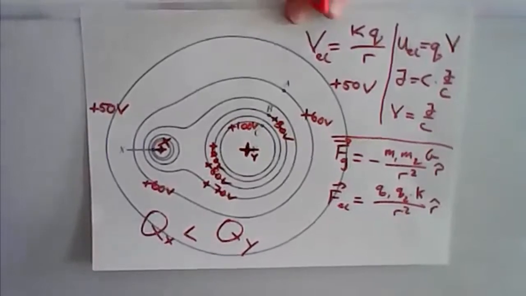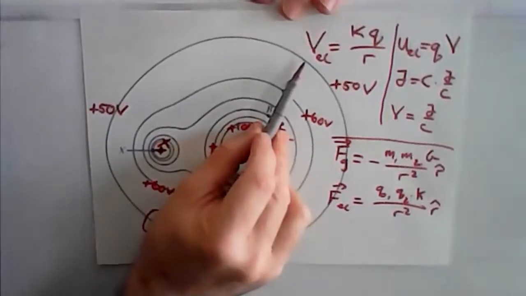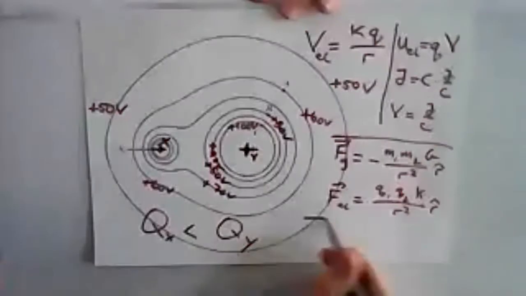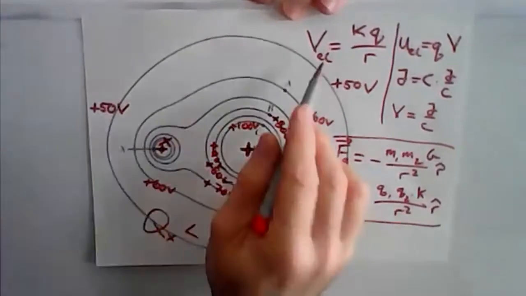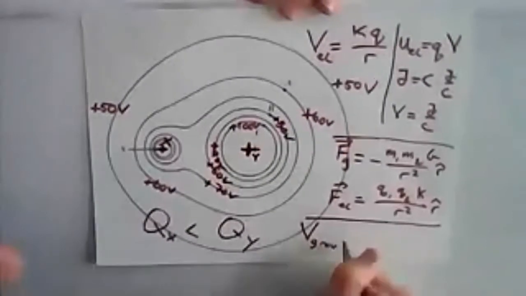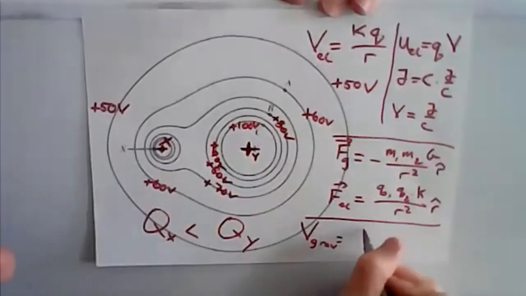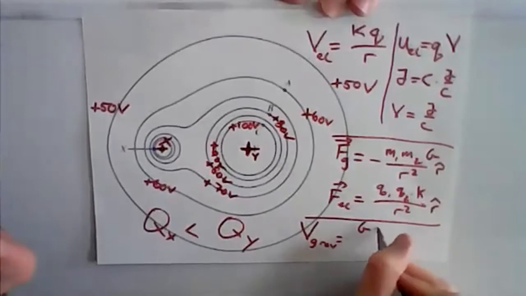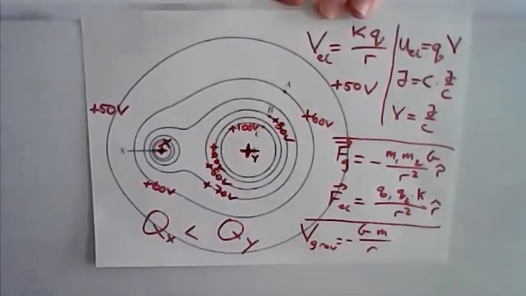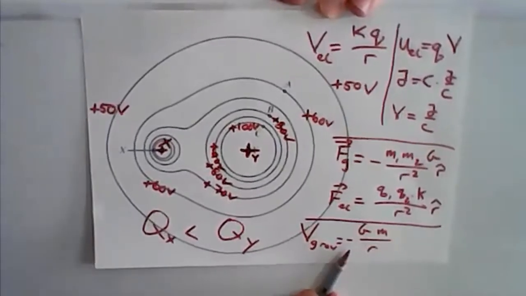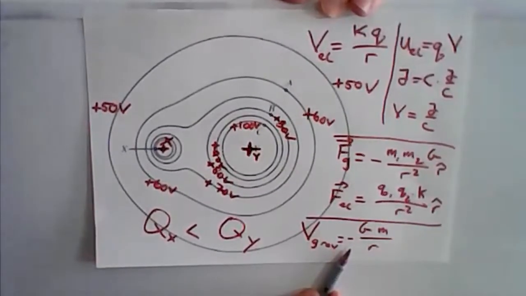So for example, we have this thing, which we call gravitational potential, and there would be an equivalent electric potential. Gravitational potential would behave the same, but it would have G M over R and a minus sign. So that is the gravitational potential created by a point mass.